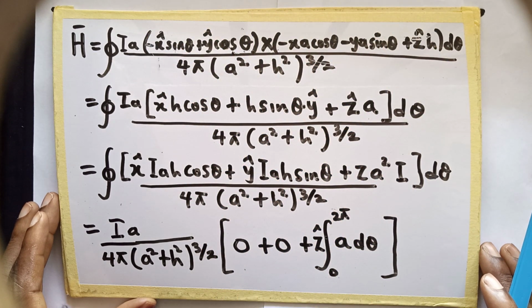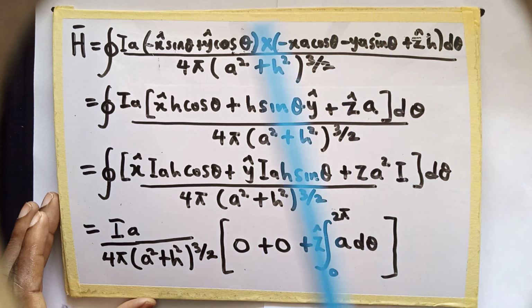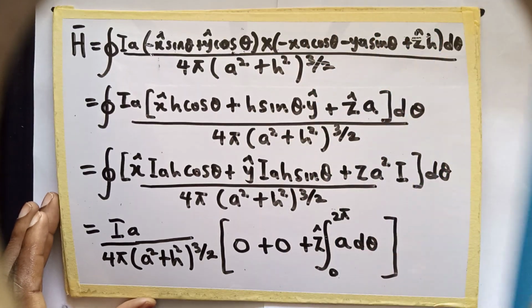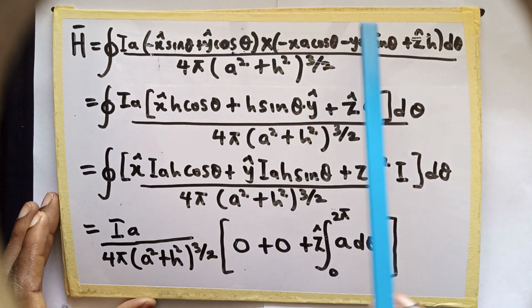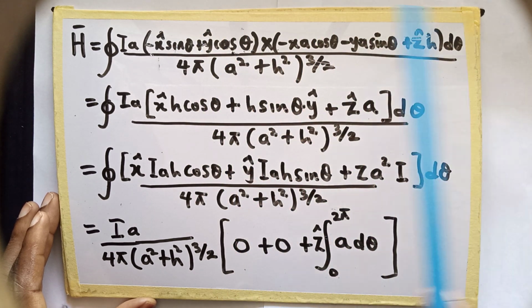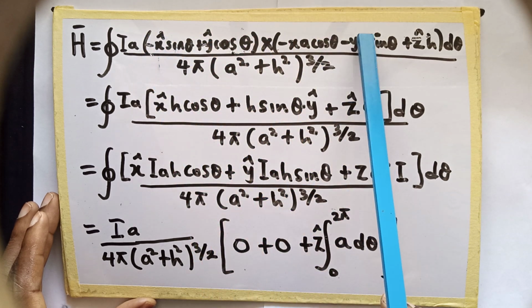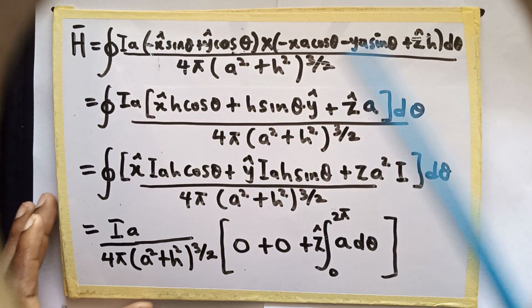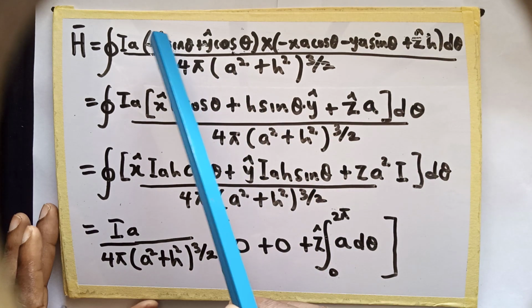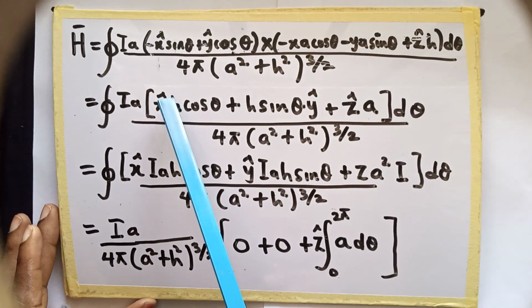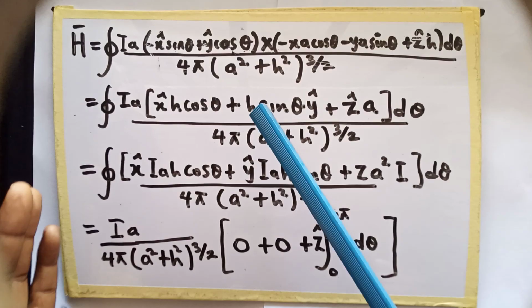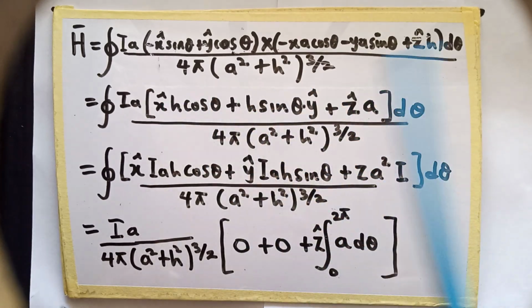One of the laws of cross product is that x cross x is equal to 0, and y cross y is equal to 0. Then x cross y will give us z. So that's the same pattern. When you cross this one and this one, you get this expression. You can try it yourself. You will get exactly this expression.